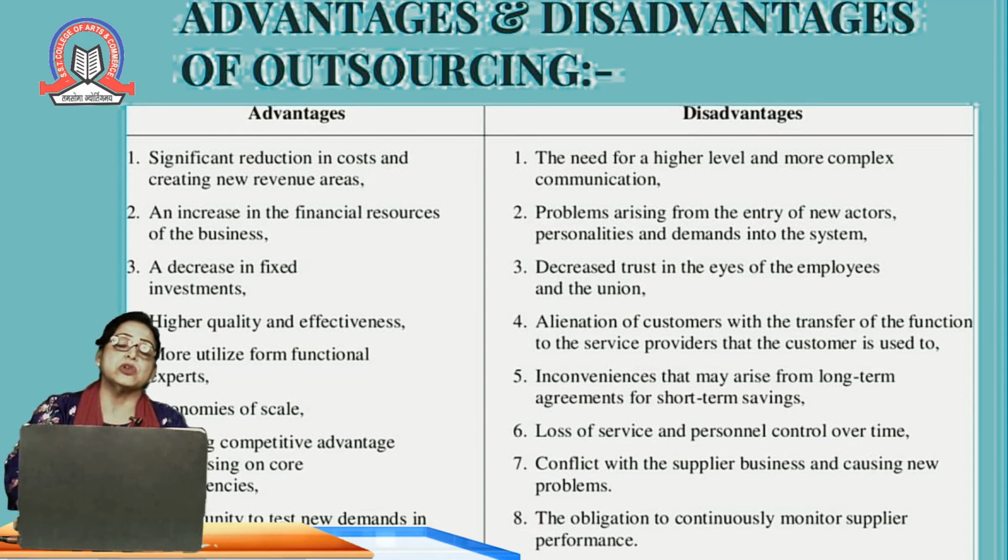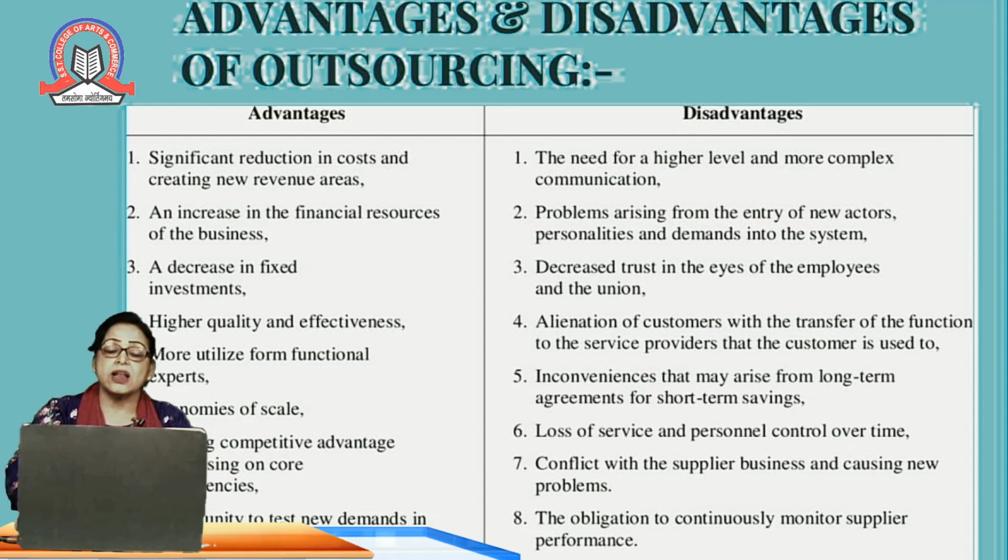Many times recruiters or outsourcing companies change their employees, so customers may not be comfortable with the change in frontline employees. Inconvenience that may arise from long-term agreements for short-term savings. Yes, if we are going for a long-term tie-up, it may create problems for us for a longer period of time.